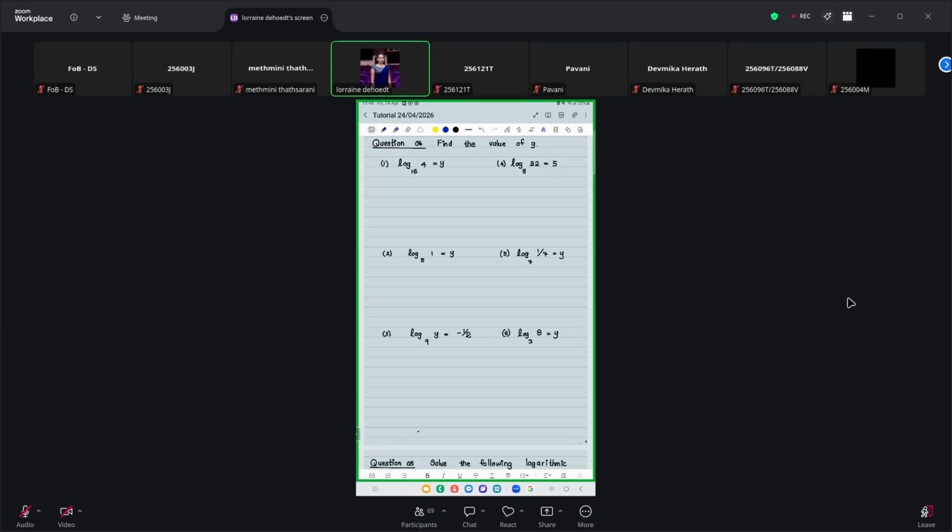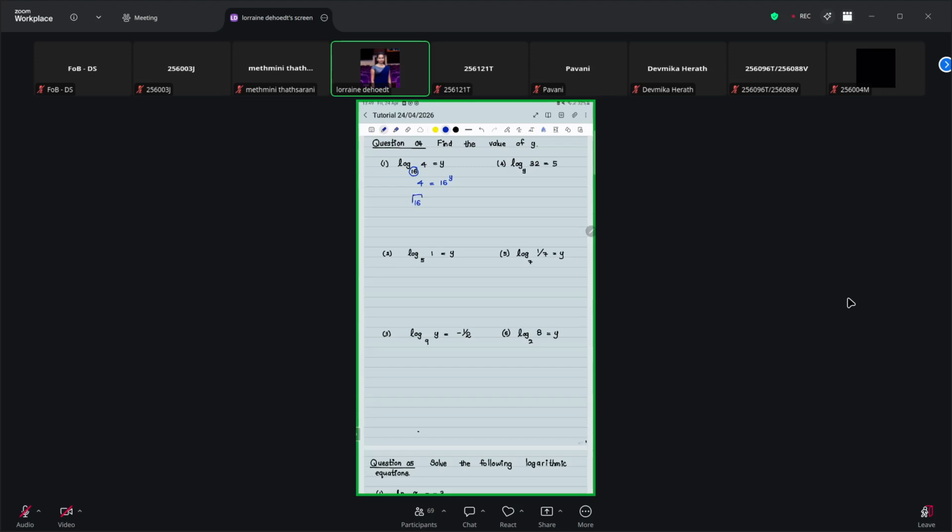Okay. They give the log format. Now you can rewrite this one in the index format. This one is the base, that means base 16. So 4 equals 16 to the power y. You know 4 is the square root of 16, no?